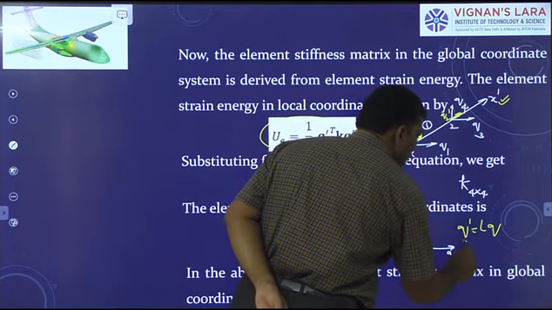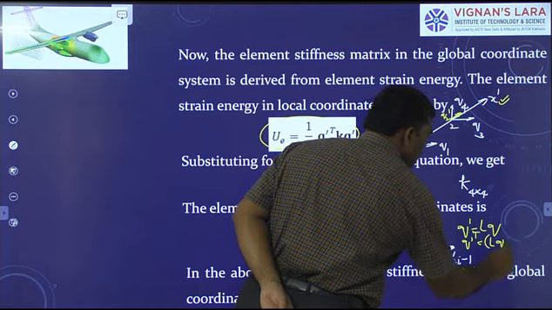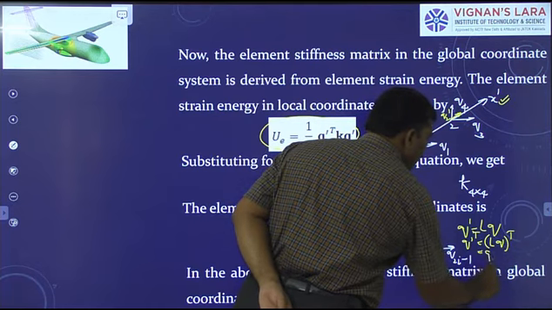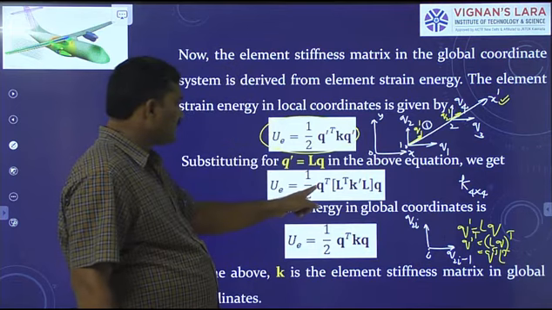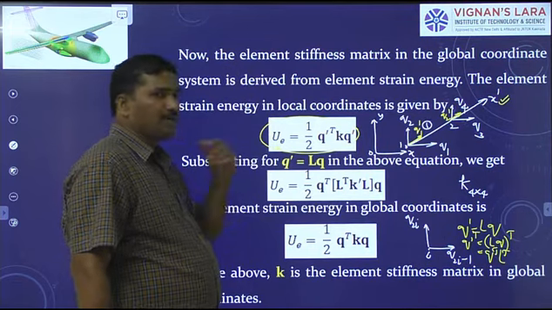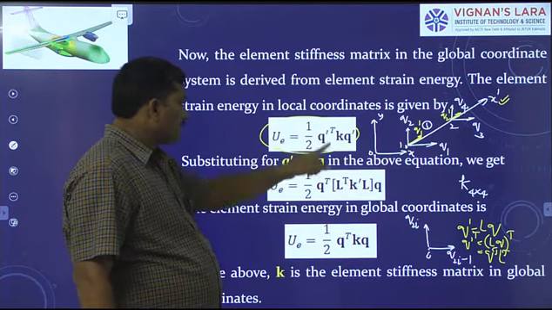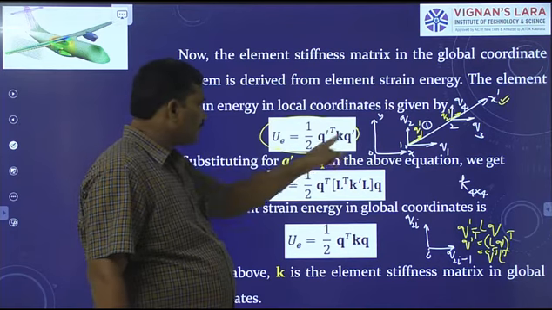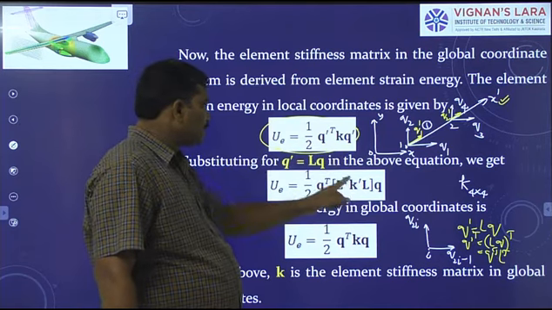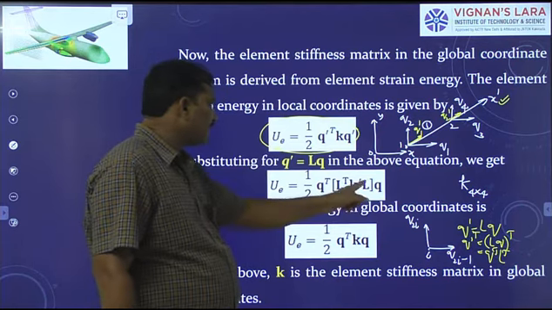Q dash transpose equals LQ whole transpose. Hence, you can write Q transpose into L transpose. Hence, we have written here Q transpose into L transpose into K dash into, and in place of Q dash I write LQ.